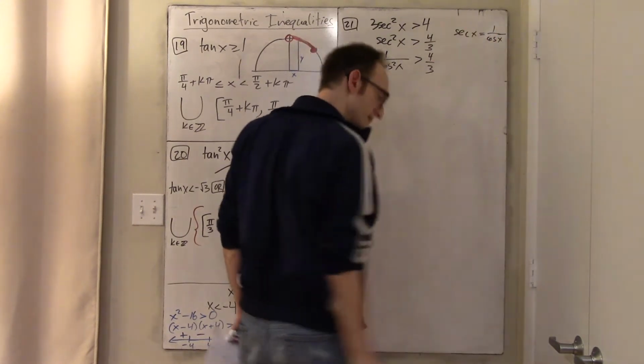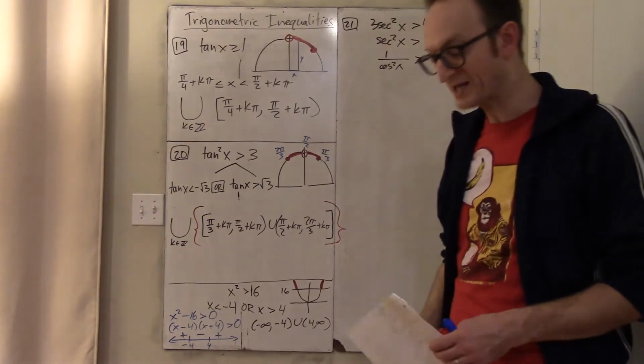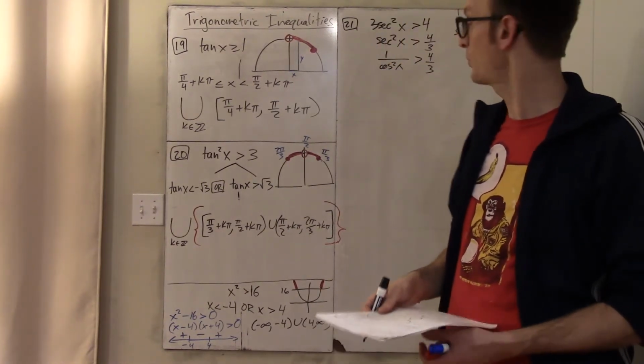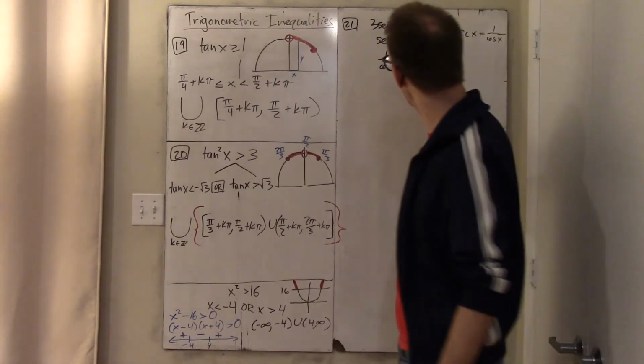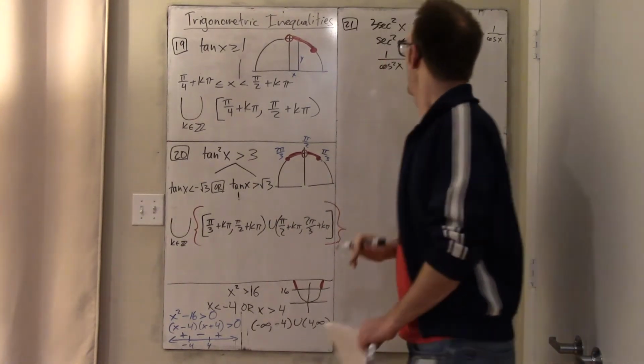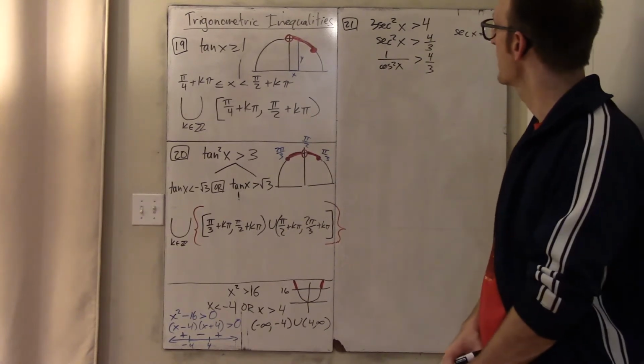That's almost the definition of secant. It's 1 over the x-coordinate. Well, there it is. This is great because now it means I can express everything in terms of cosine.